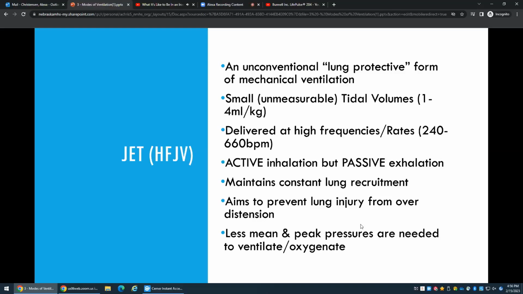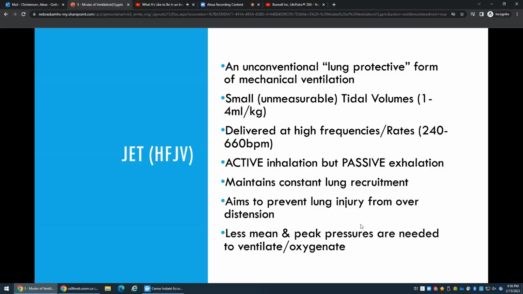Active inhalation, passive exhalation. The jet is going to push that breath into the baby's lungs, but it is going to passively exhale. The jet does not pull the air out of the baby's lungs, and we'll talk about why that's important. Maintains lung recruitment, hopefully preventing lung injury from overdistension.